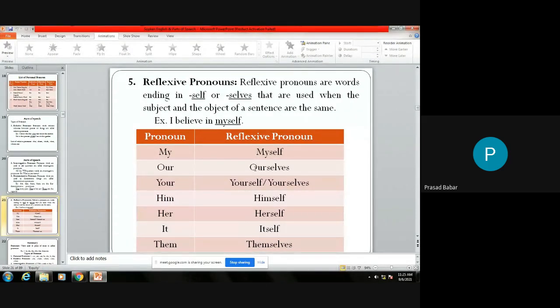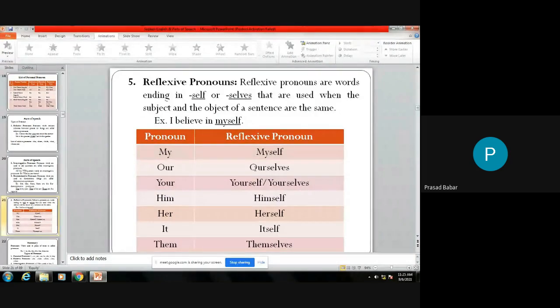If we want to show there are many people and we want to address them, then we will use yourselves. So next is him. Him is a pronoun and its reflexive pronoun will become himself. The next is her. If we want to make its reflexive, we have to add self, and it becomes herself.